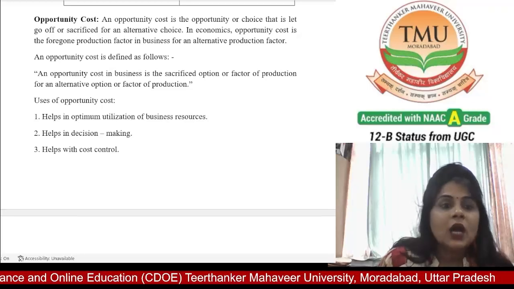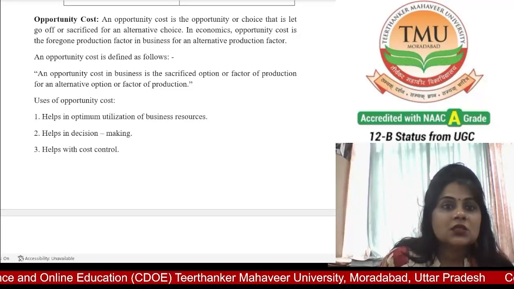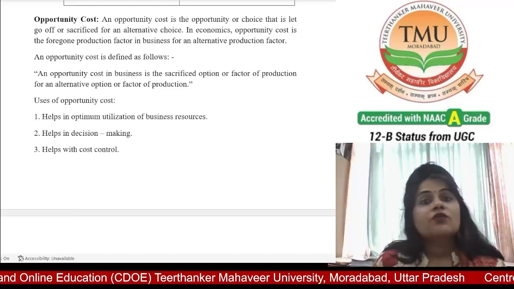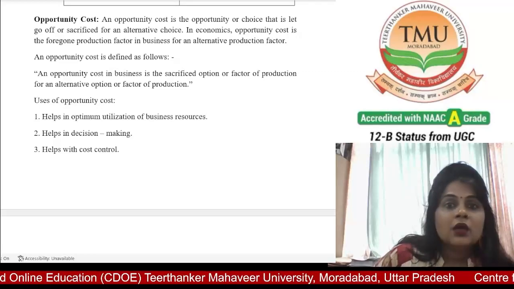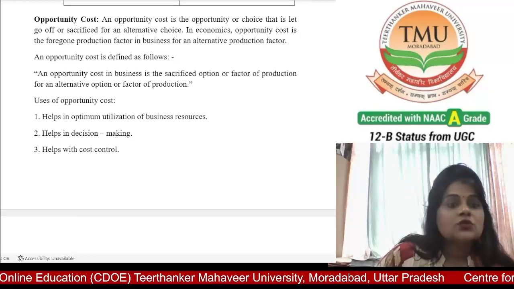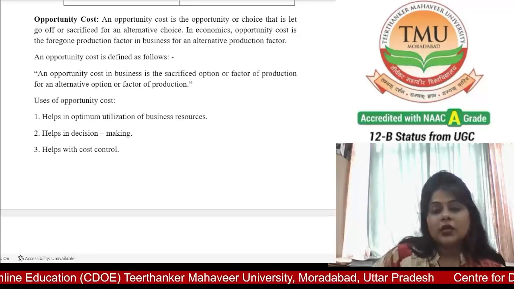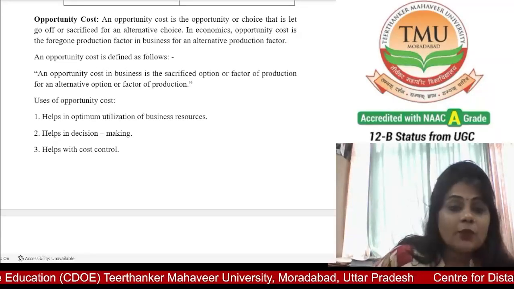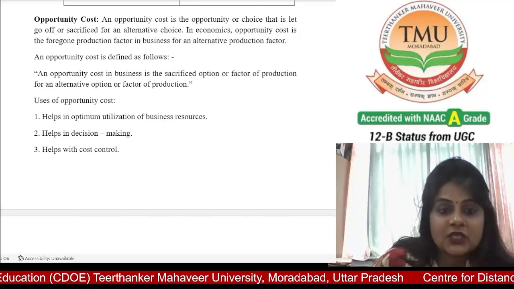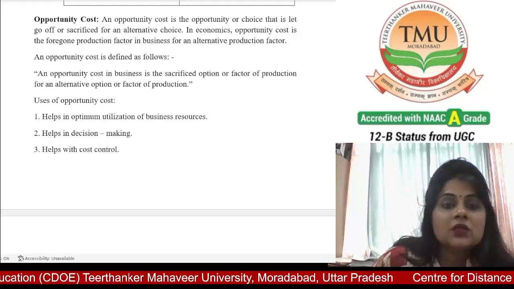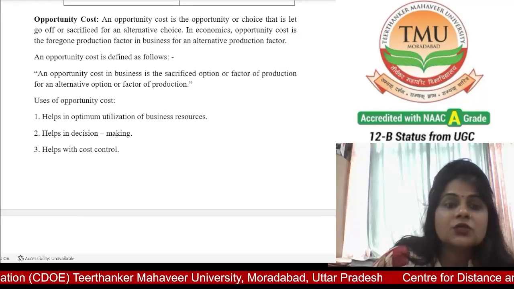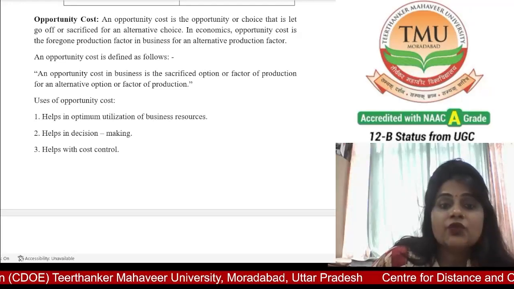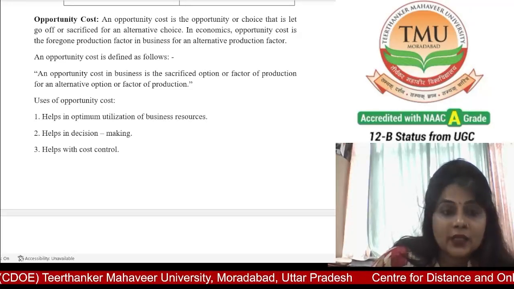In economics, opportunity cost is the foregone production factors in the business for alternative production factors. So, in simple words, opportunity cost represents the potential benefits that a business, investor, or individual consumer misses out on when choosing one alternative over another.